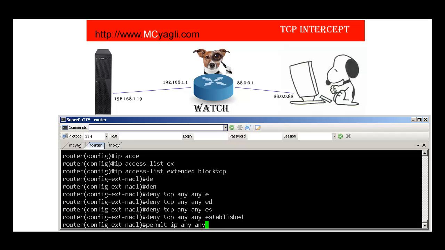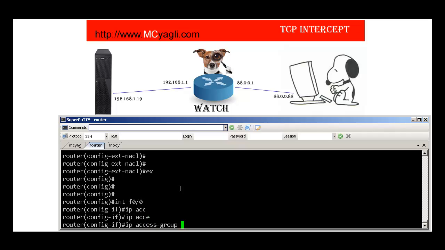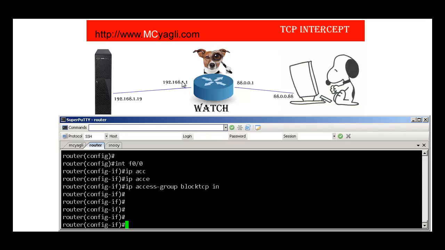That's it. Cool. And on the interface, interface F0/0, ip access-group block-tcp in. That's it. This access list will block the SYN-ACK message from the server, and it will cause the connection to fail.